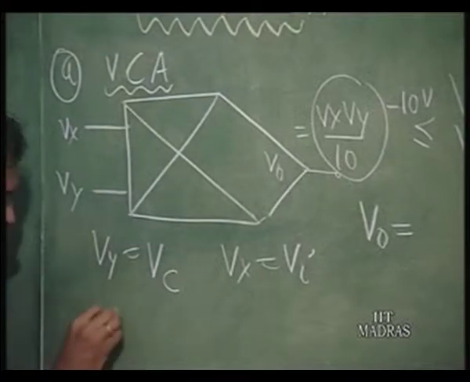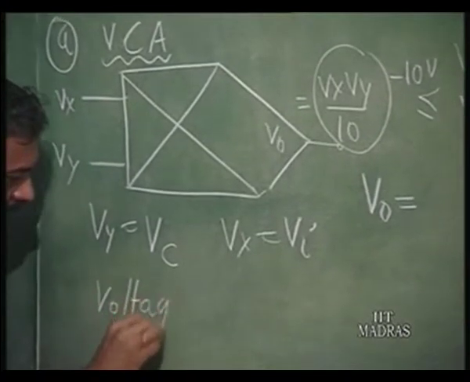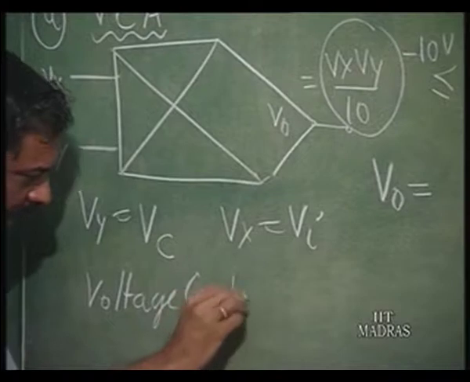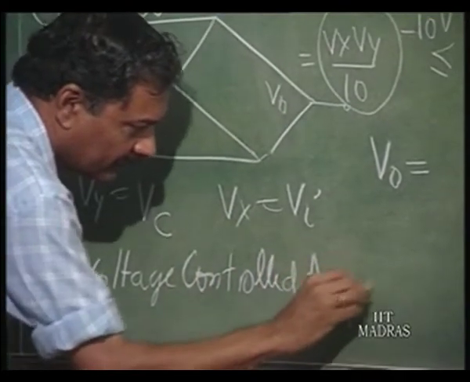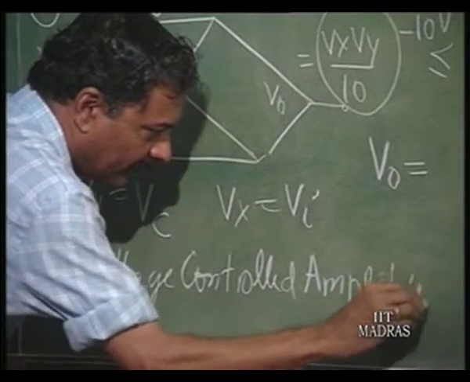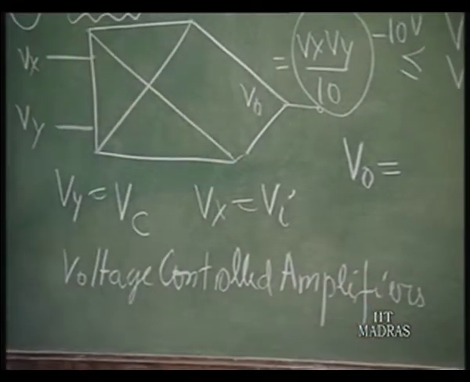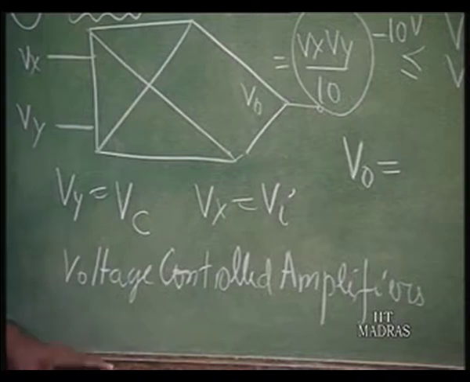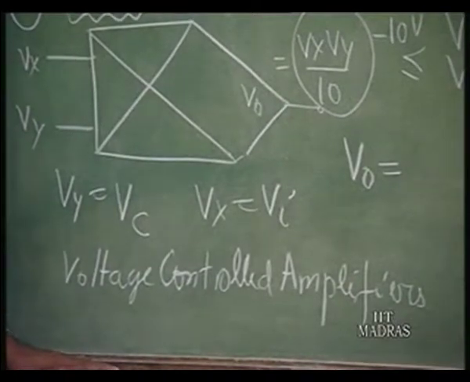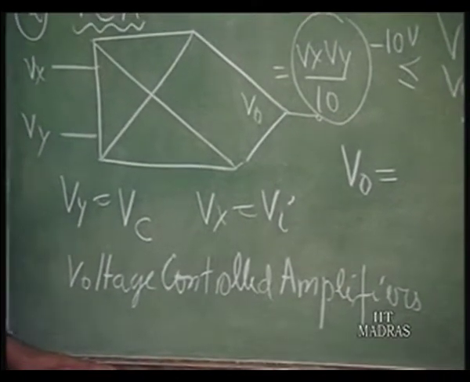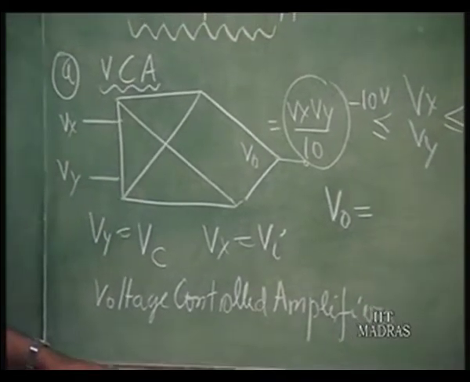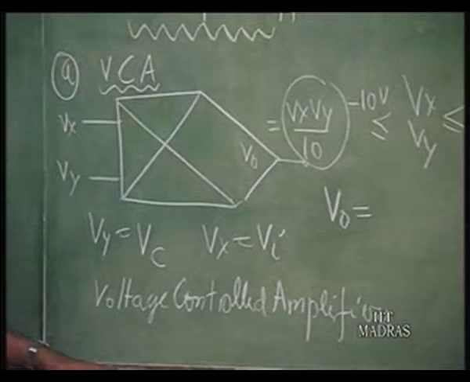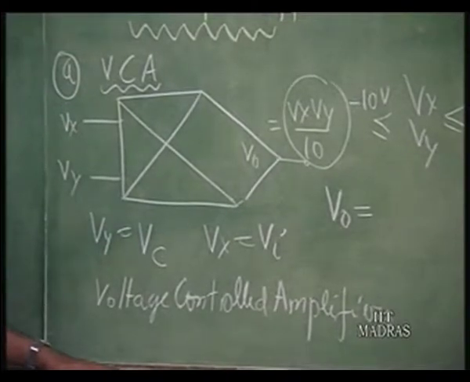Voltage controlled amplifiers find a variety of applications, particularly in music synthesizers and AGC, AVC schemes: automatic gain control, automatic volume control, and amplitude stabilization of oscillators. In all these, voltage controlled amplifiers are needed.